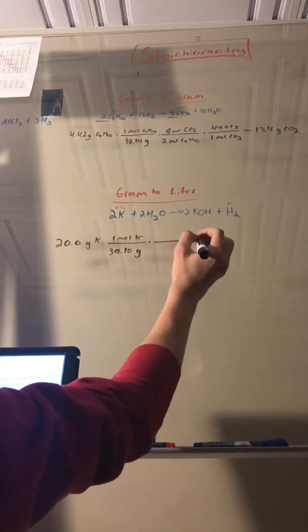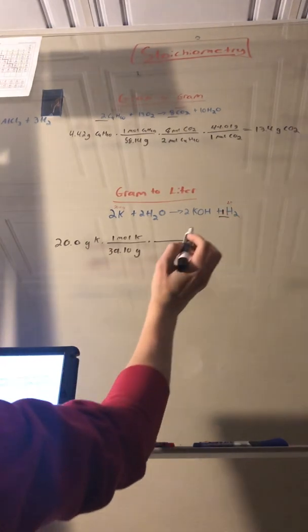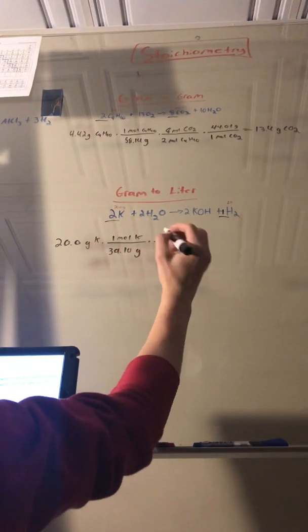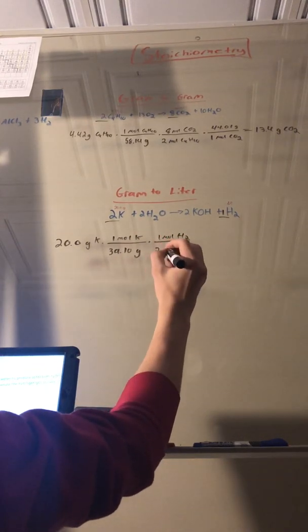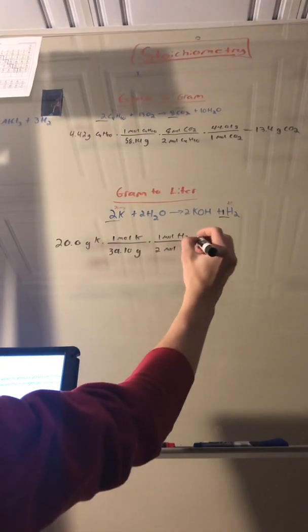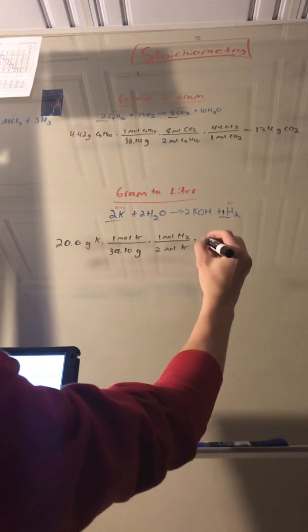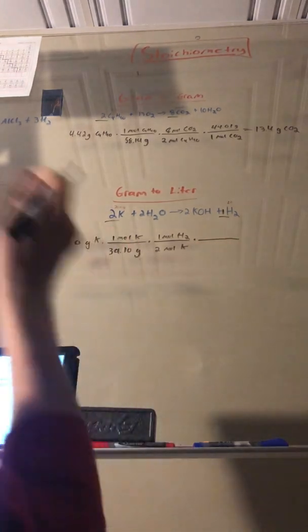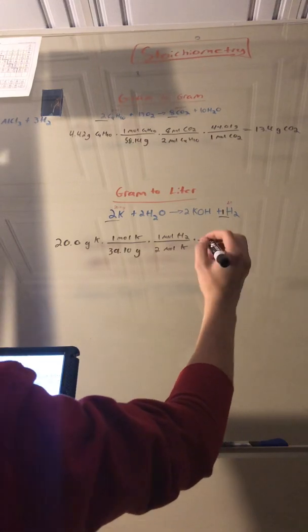Now your mole ratio comes in. For every 1 mole of hydrogen, you have 2 moles of potassium. So 1 mole H2, 2 mole. And now, instead of doing like we did above, you're still going to have mole as your denominator.